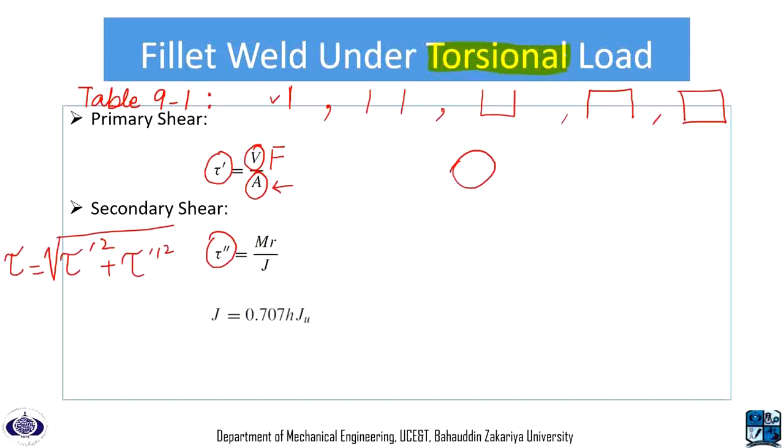So we will firstly have to find the correct weld profile. Once the weld profile is known, then we can see what is the cross-sectional area of that weld profile, and some of the formulae for different weld profiles are given in table 9-1.